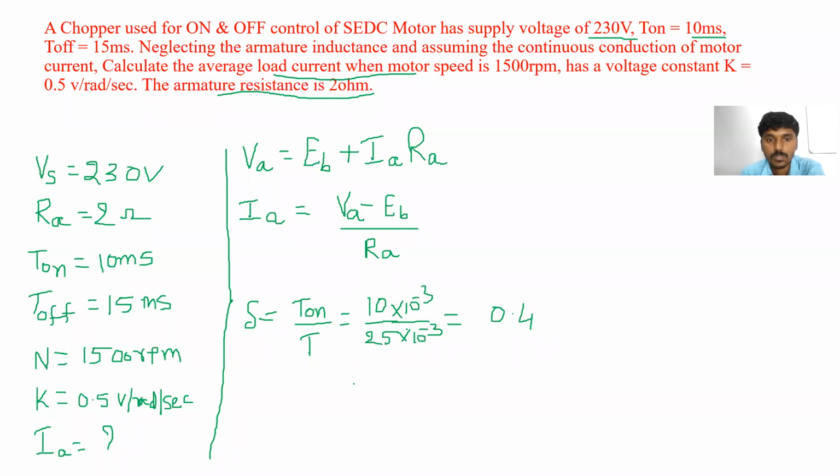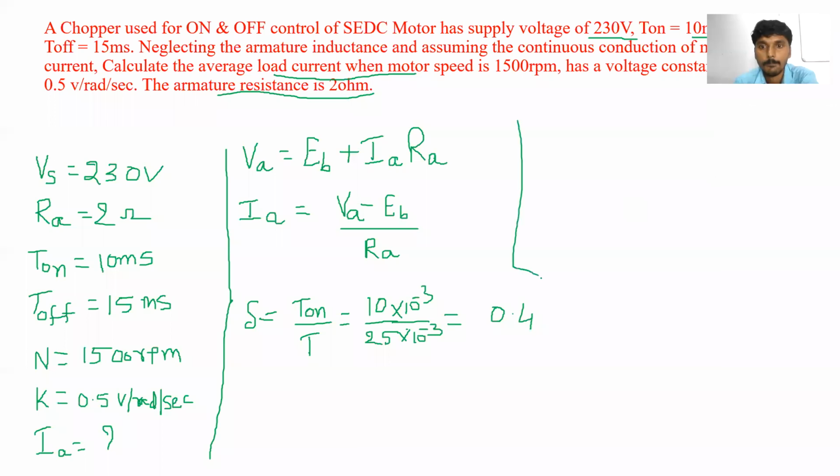Clear? So we know the formula. VA is equal to delta into Vs. So from this equation, VA is equal to delta, 0.4, into supply voltage 230.